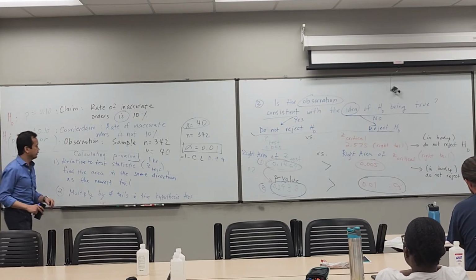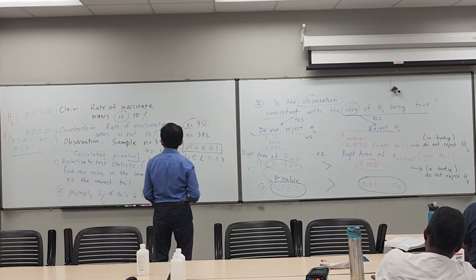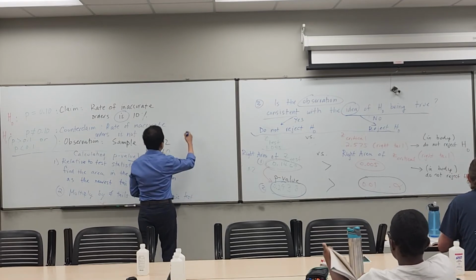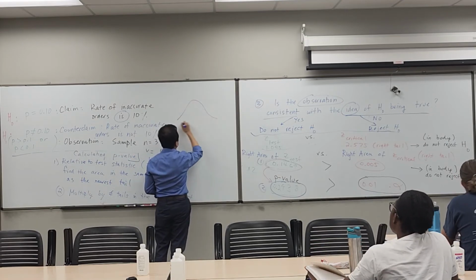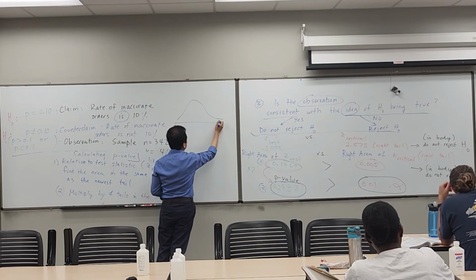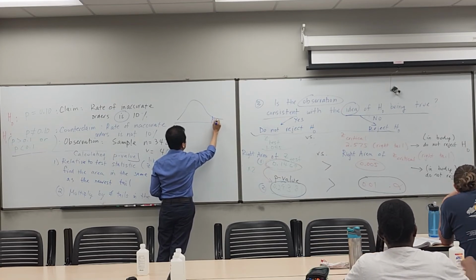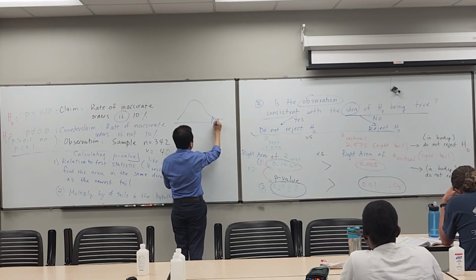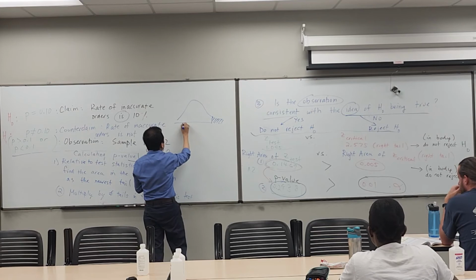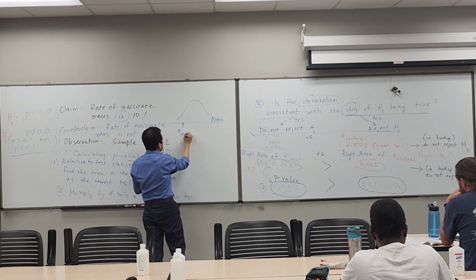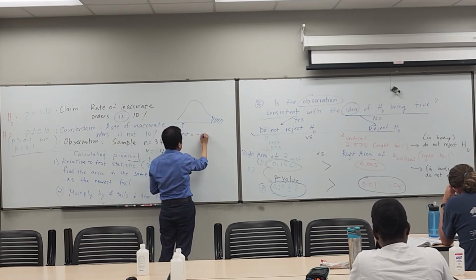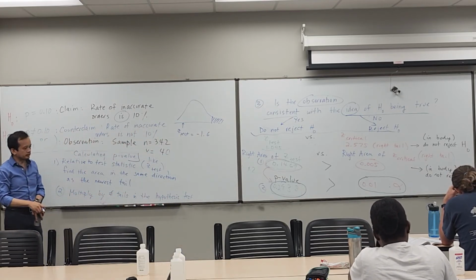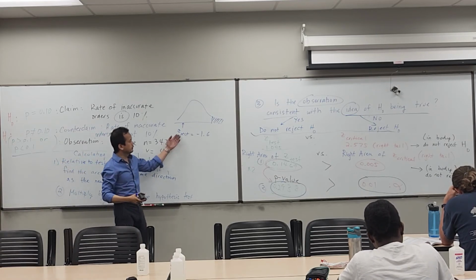So let's practice on this. Let's say that you had a hypothesis test where z-test comes out to be negative 1.6.